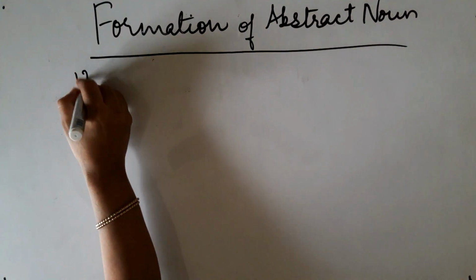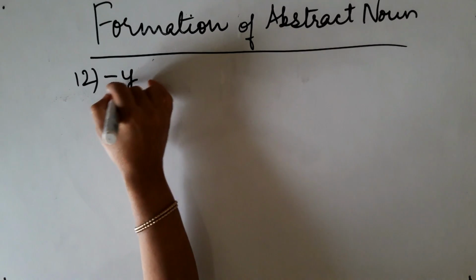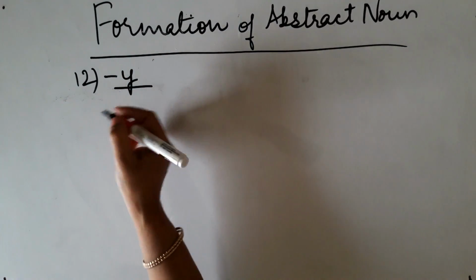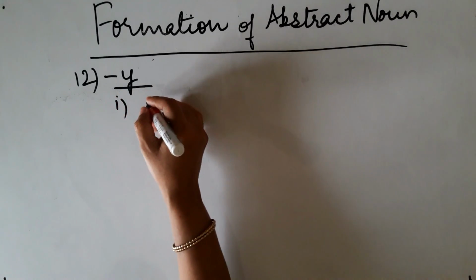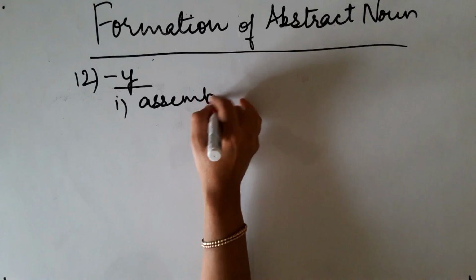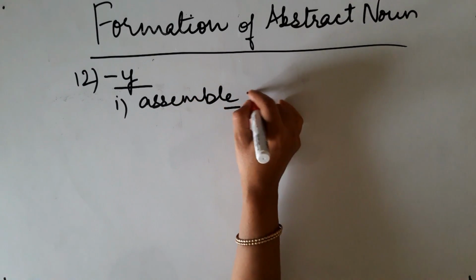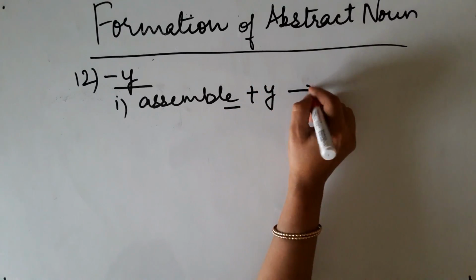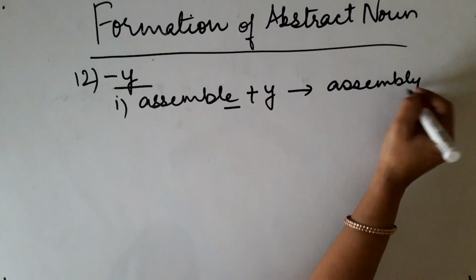Yet another way we have with us is by adding y to the verbs and it becomes a noun. Again, a slight change is done to the original verb, like assemble. If I have this word assemble, I will replace e and add y. It becomes assembly, which is a noun.